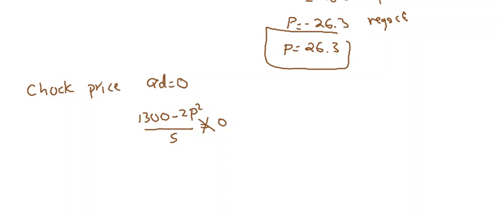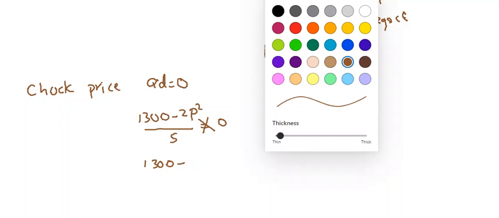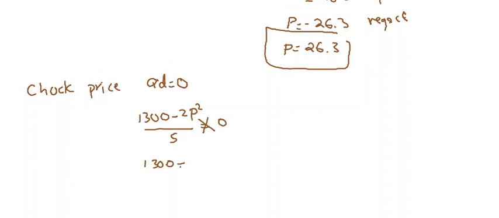Now by cross multiplication, you will get 1300 minus 2p squared is equal to 0. Transfer it to the other side, you will get 1300 equal to 2p squared.